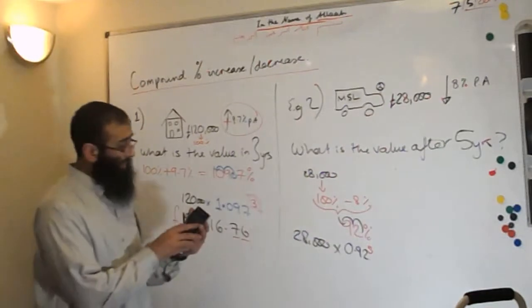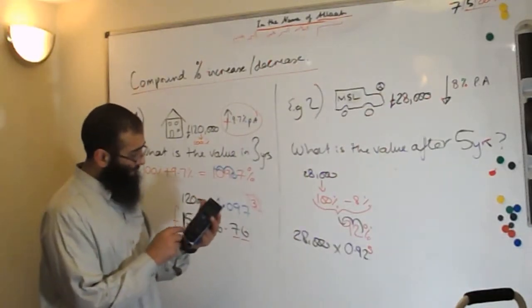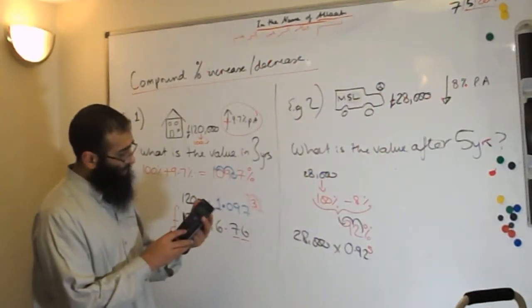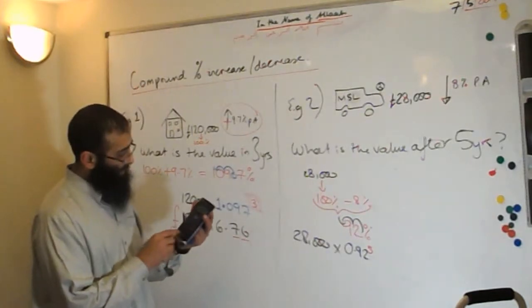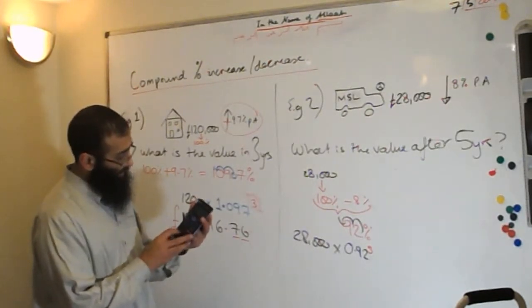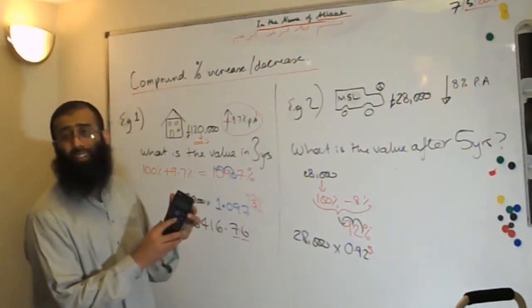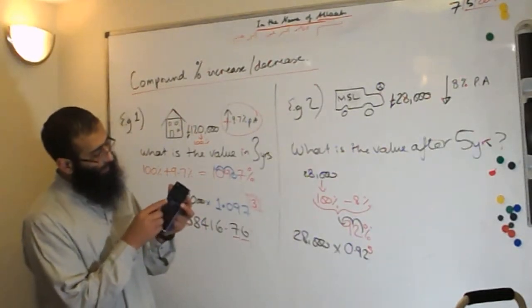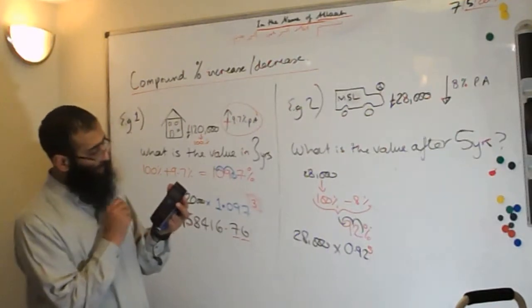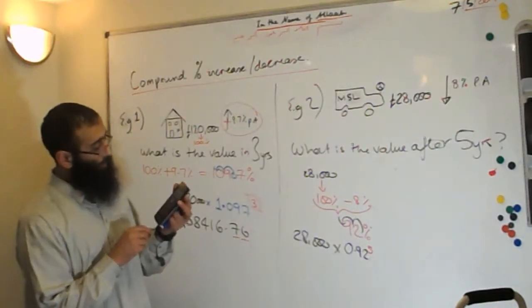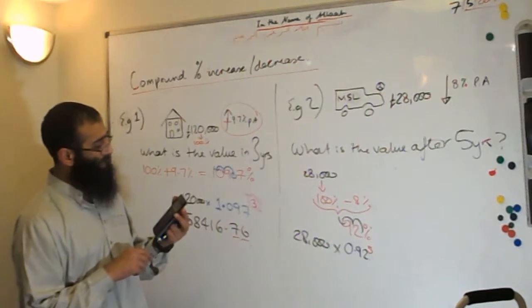For those of you on this calculator, when you do 28,000 times 0.92, we have a button here which says x to the power of a square. Press that button and that will open up a little box, then put in 5 into that box, press equal, and that will give you 18.4.